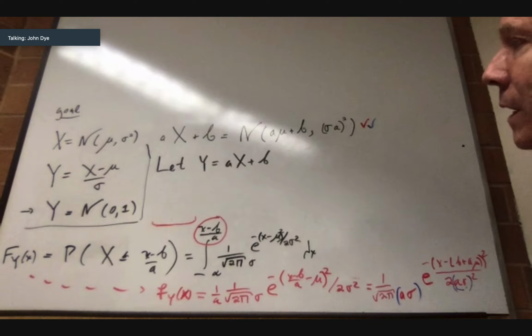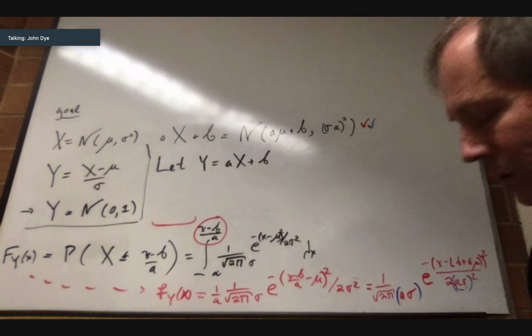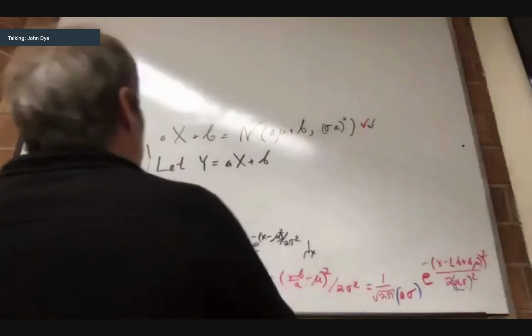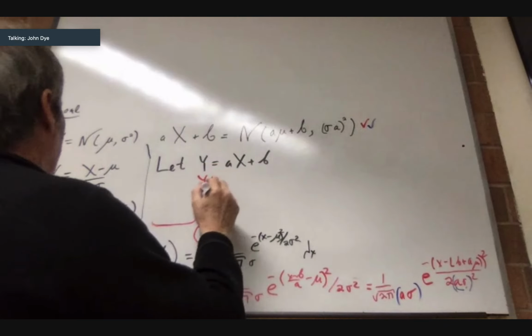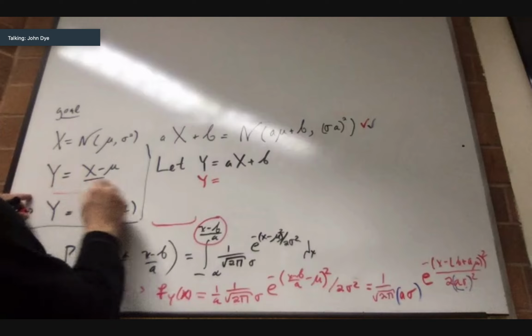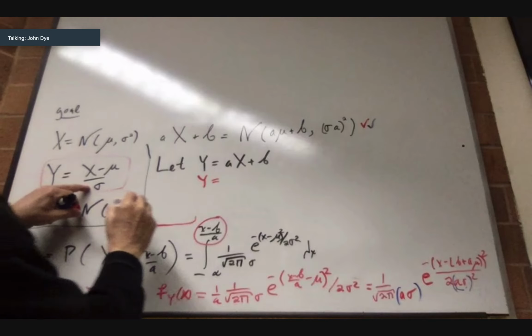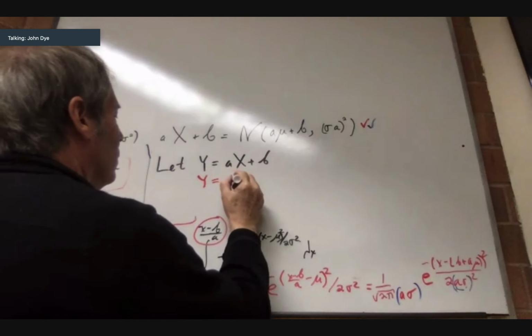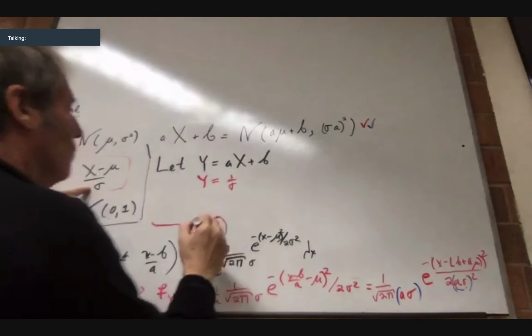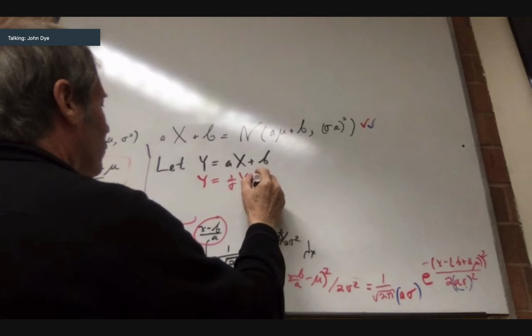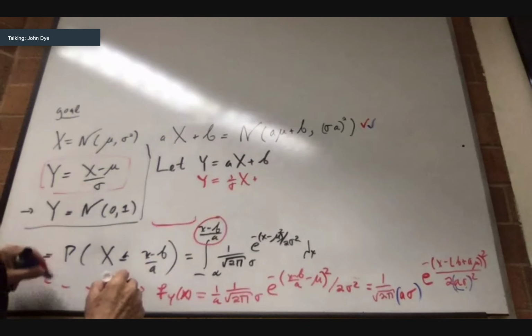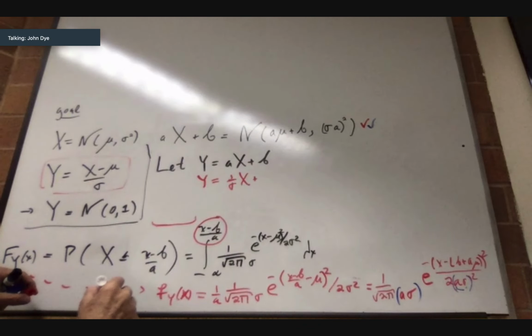What is going to be A and what is going to be B? So let's figure this out. The y I want to use is this one right here. So A will be 1 over sigma. And the B is what? The B is minus mu over sigma.